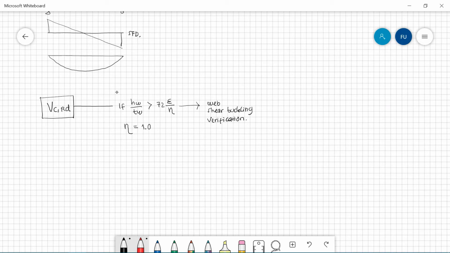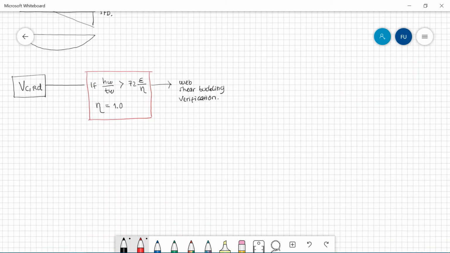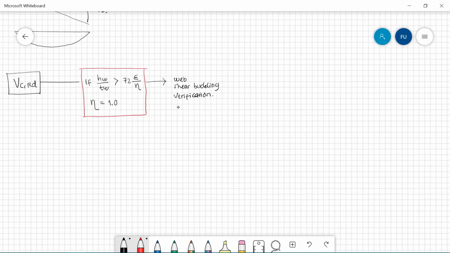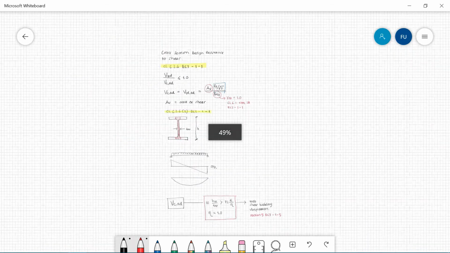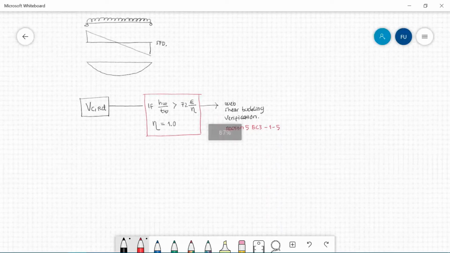So only if HW over TW is bigger than this expression, the slenderness ratio of the web. The web shear buckling verification is in section 5 of Eurocode 3 part 1.5.